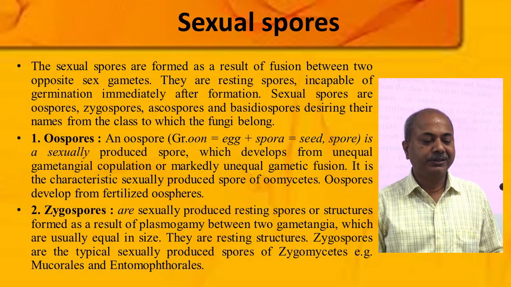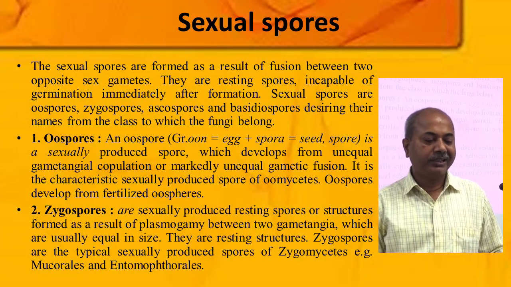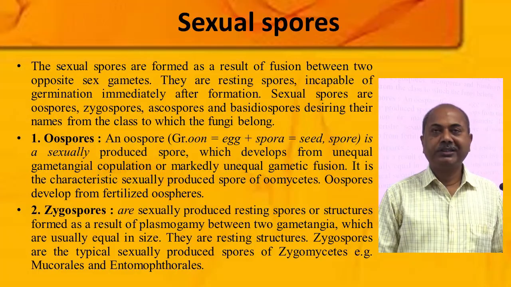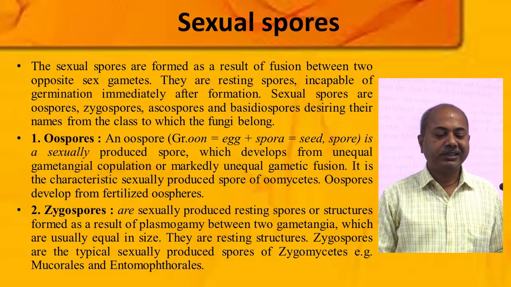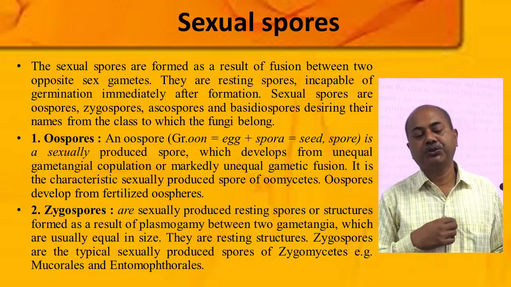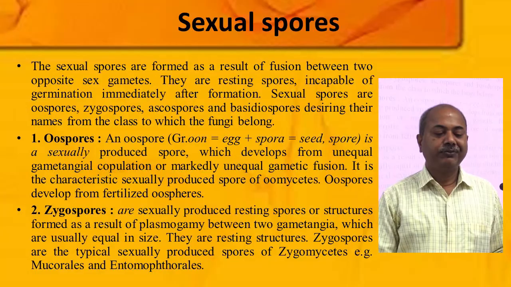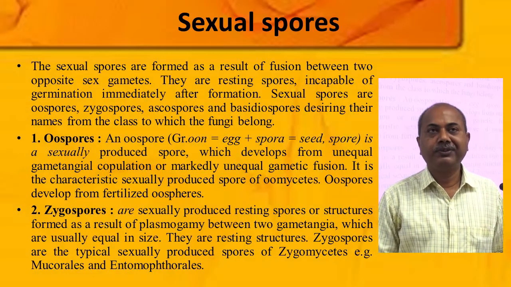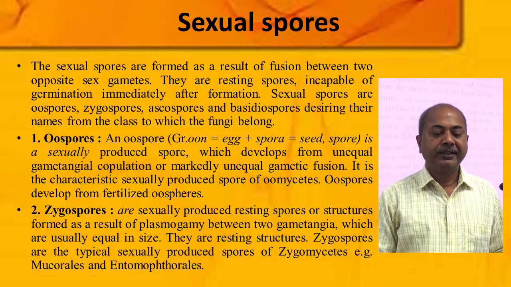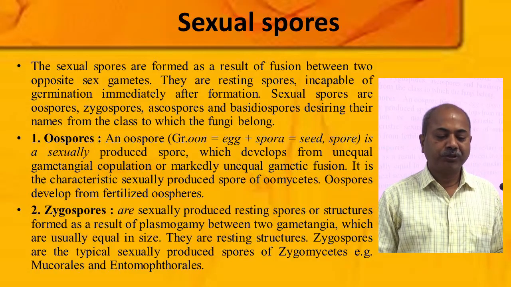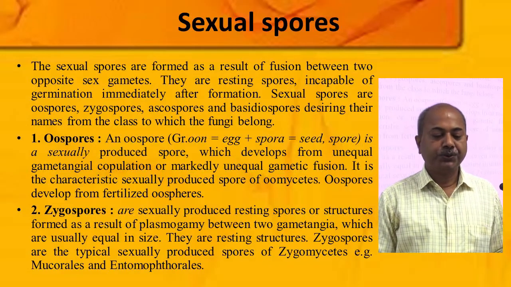So if it is oomycetes, then it is oospores. If it is zygomycetes, then the sexual spores will be zygospores. If it is ascomycetes, then the sexual spores will be ascospores. And if the division is Basidiomycota, then the sexual spore belonging to Basidiomycota is known as basidiospores.